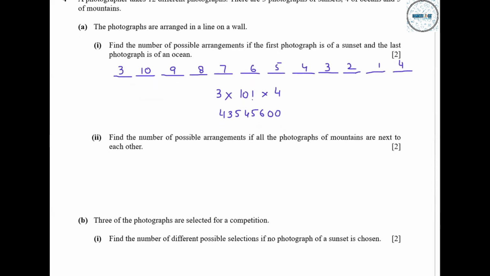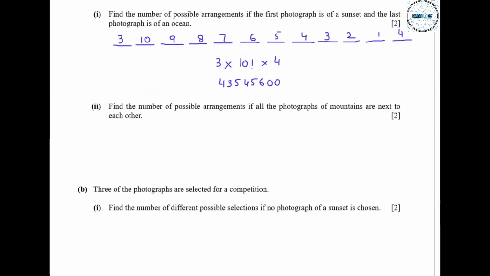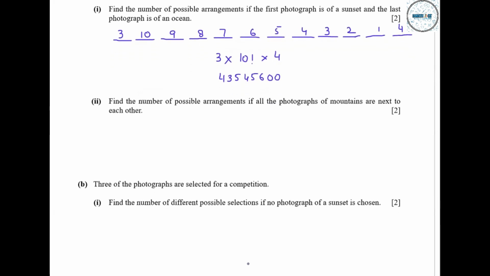In the next part, they are saying, find the number of possible arrangements if all the photographs of mountains are next to each other. So there are 5 photographs of mountain which are next to each other. So if we keep those 5 in a box, 1, 2, 3, so these are 5 photographs of mountain.